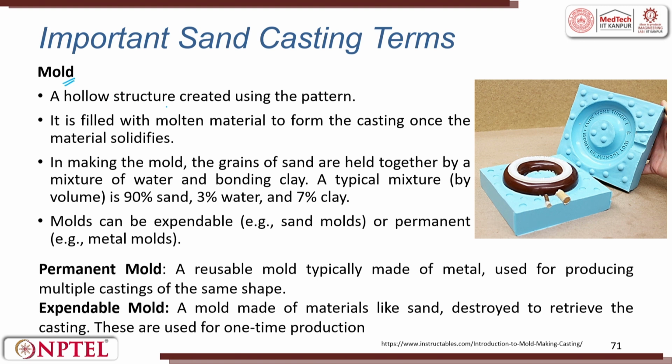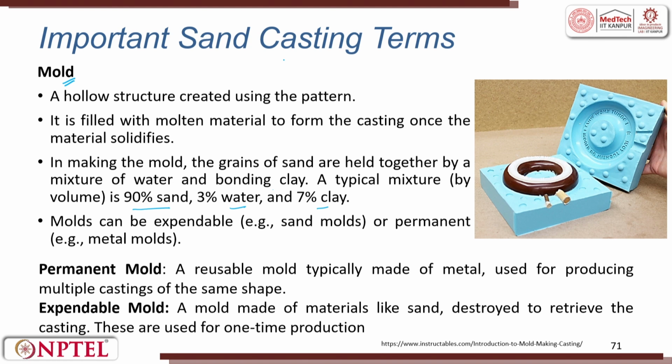Mold: a hollow structure created using a pattern is a mold. It is filled with molten material to form the casting once the material solidifies. The grains of the sand are held together by a mixture of water and bonding clay. A typical mixture by volume will be 90% sand, 3% water and 7% clay.